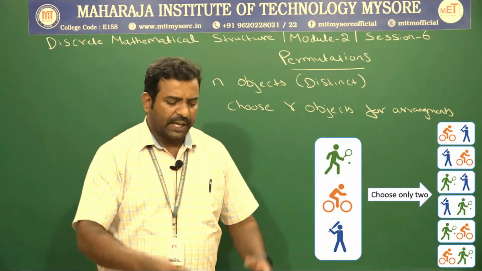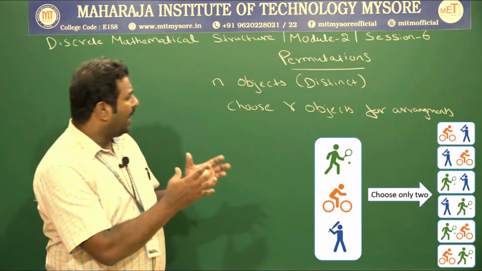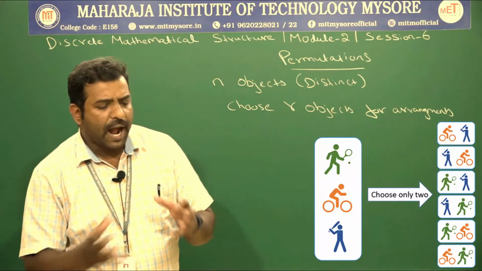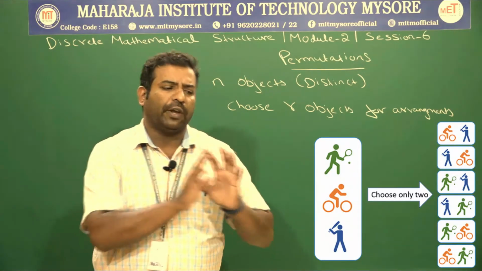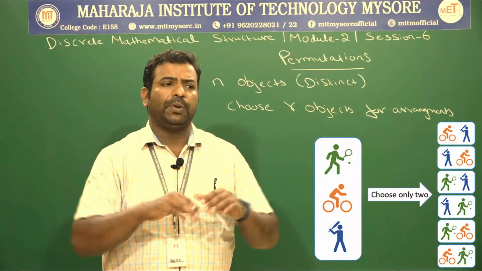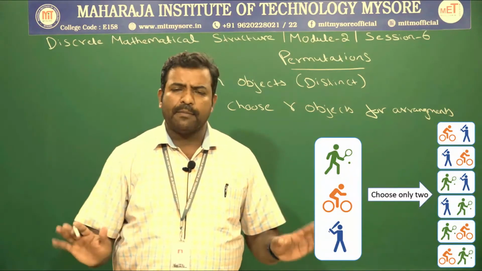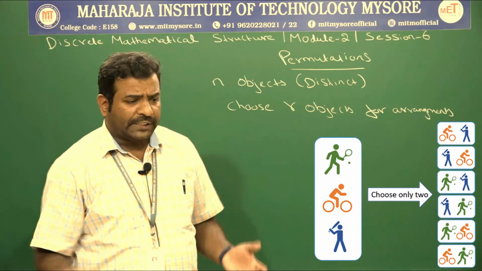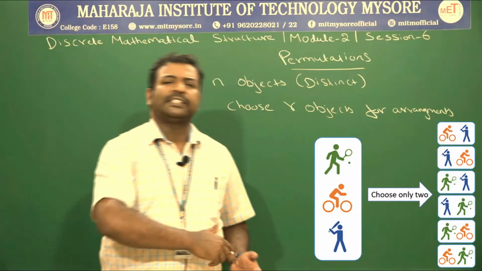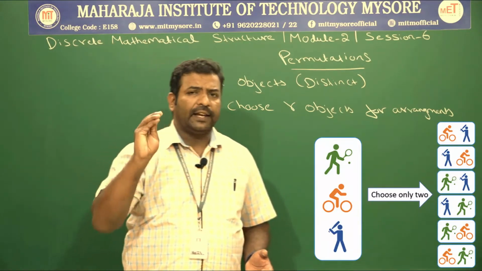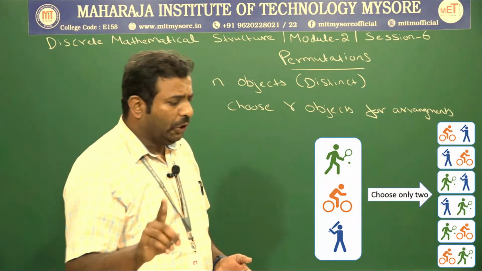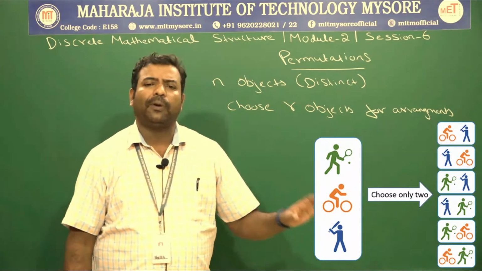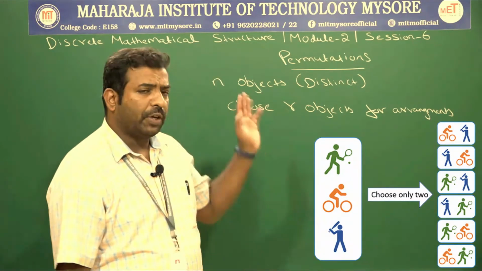I will take R objects out of these n objects and put them in some sort of arrangement, in any form, in any order. I am not going to decide right now what order it's going to be. When a situation is given, unless a condition is specified, you need to make sure you present all the possible orders. That is what permutation is going to be.